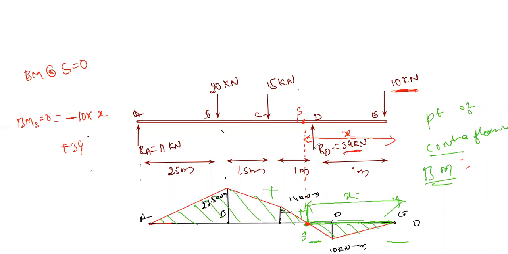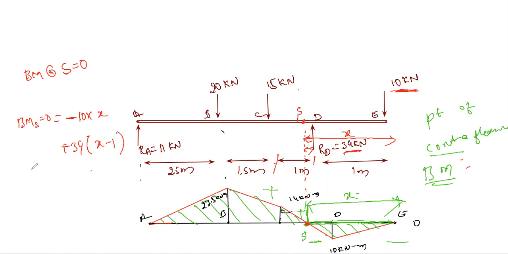Now what is the distance from here to here? We can write 1 minus x, sorry, you can write x minus 1 over here. If you subtract x minus 1, you will get this distance.